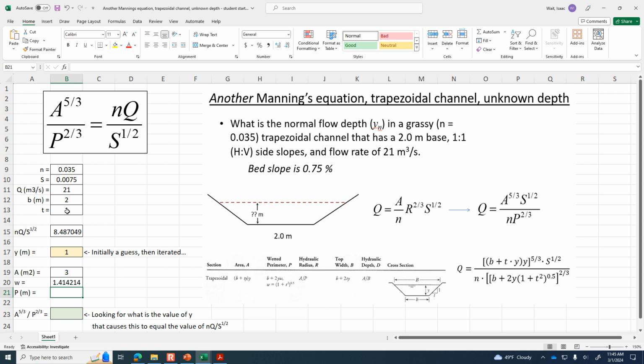So that's the square root of 2. Yeah, that's good. All right, so now P will just simply be B plus 2 times Y times W.